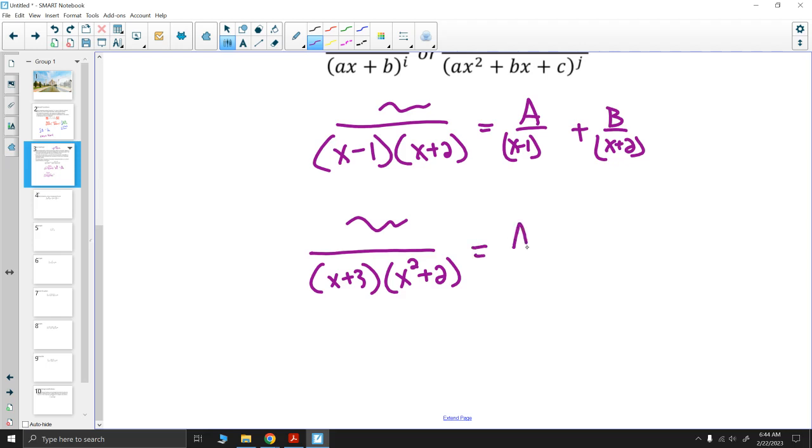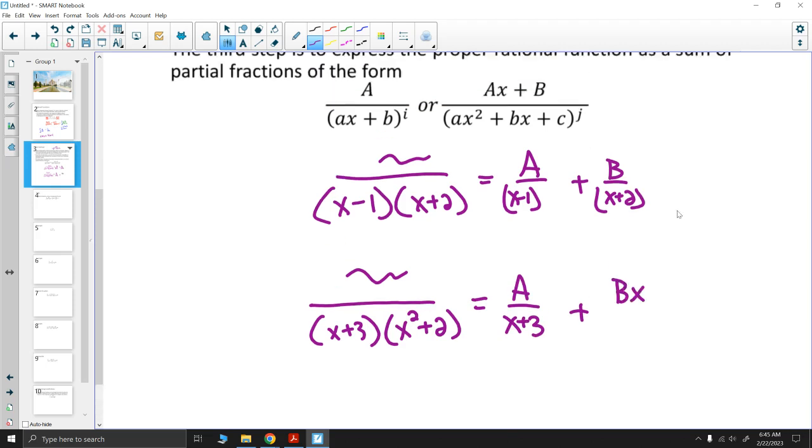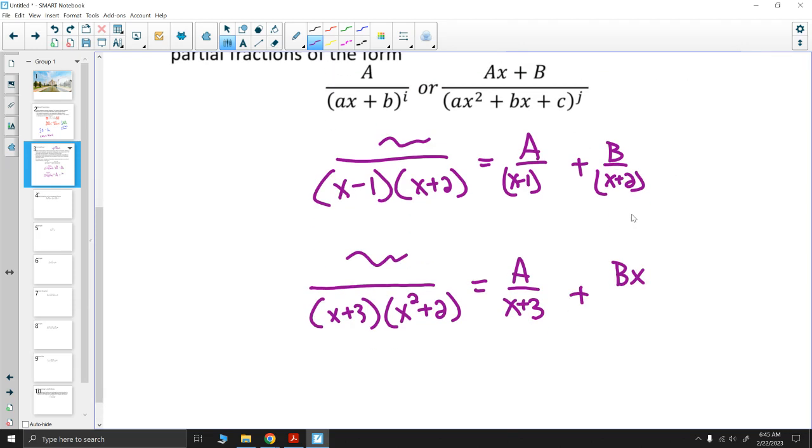Well, what we'd have to do is have A over x plus 3, and then we'd have to have a Bx plus C over this irreducible, x squared plus 2. So anytime we have an x squared plus something, an irreducible quadratic, we essentially have to have a linear on top. Anytime we have a linear on the bottom, we just have a constant on top. A's, B's, and C's are constants.